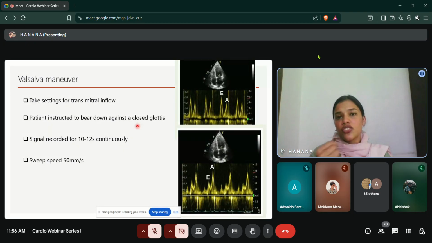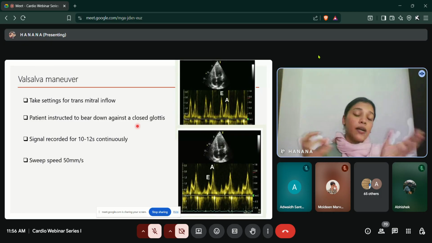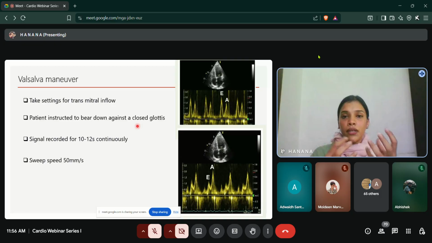Or sometimes our doctors take the bulb of the BP apparatus and instruct the patient to blow very hard into the bulb, and that's how we can also do the Valsalva maneuver. There are multiple ways for each cardiologist to do a Valsalva maneuver, and that's how we do it at our institution: close the mouth and nose and try to do a deep inhalation. We should record it continuously for 10 to 12 seconds.